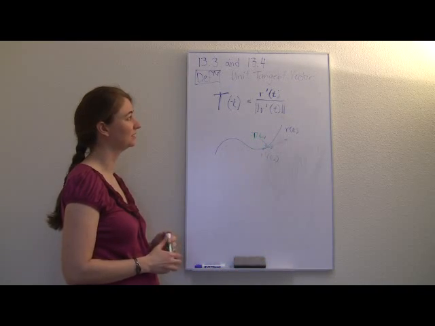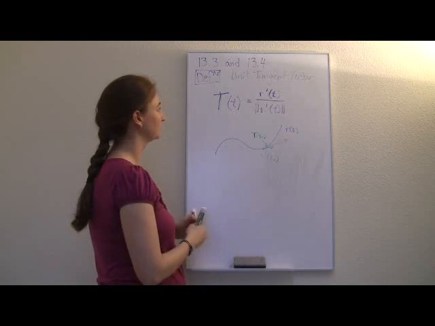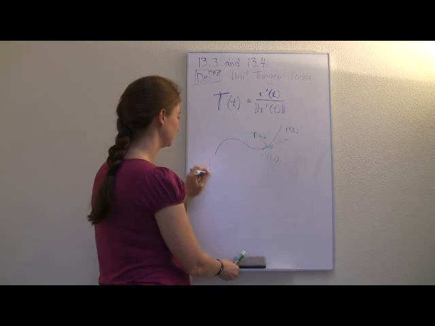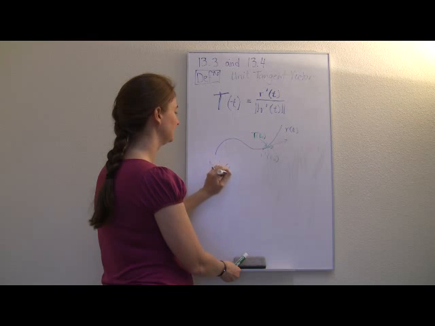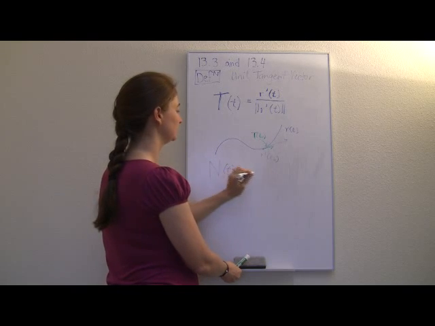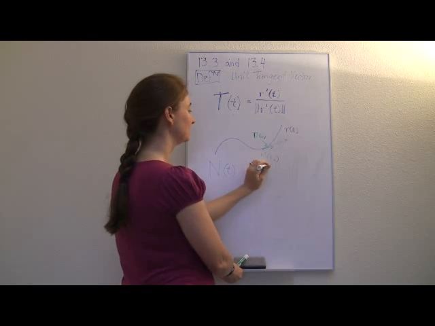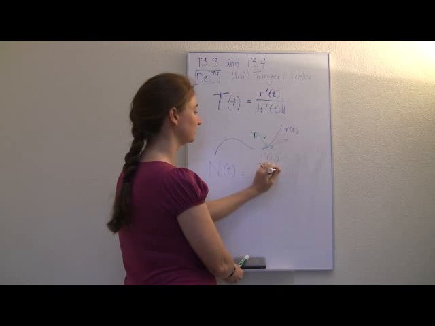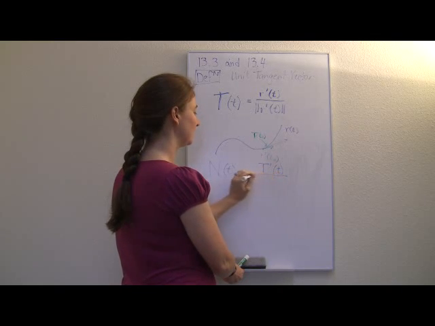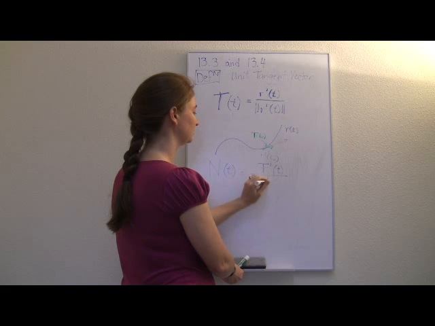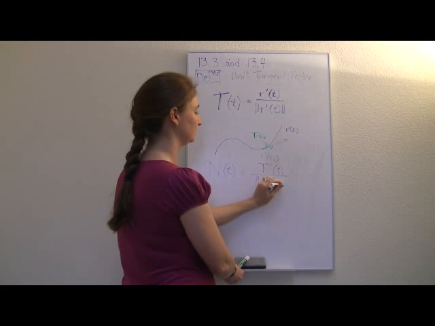Our next definition is our unit normal vector, typically written N of t, N standing for normal, which is equal to the derivative of the unit tangent vector divided by the magnitude of the derivative of the unit tangent vector.